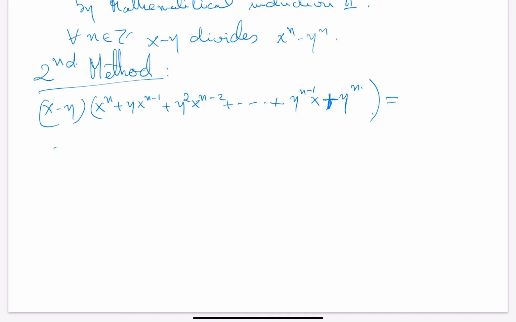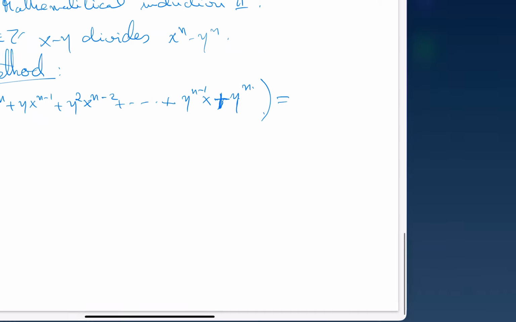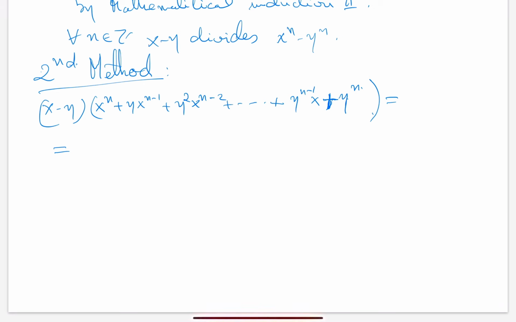Let me show you something just to verify if it's true. This one is equal to, if you try to distribute here, try to distribute the x first. x times x to the n is x to the n plus 1. And the second one will be y x to the n. And the third one, multiply the x by this one: you will have y square x to the n minus 1 plus, and so on. If you reach here, you will have y to the n minus 1 x square. And here the last one, you will have y to the n x.